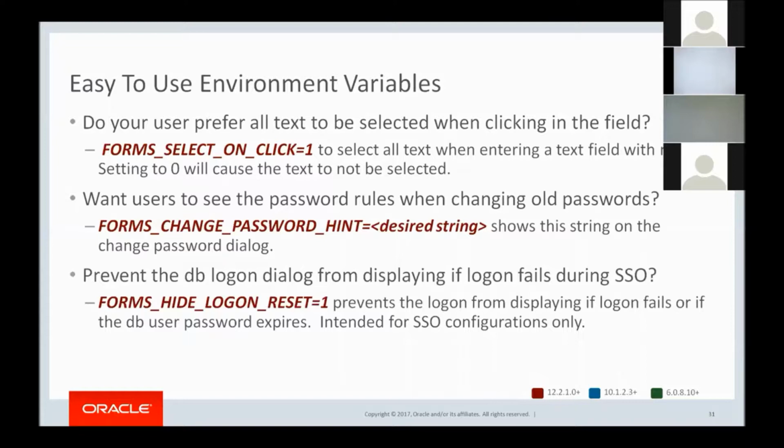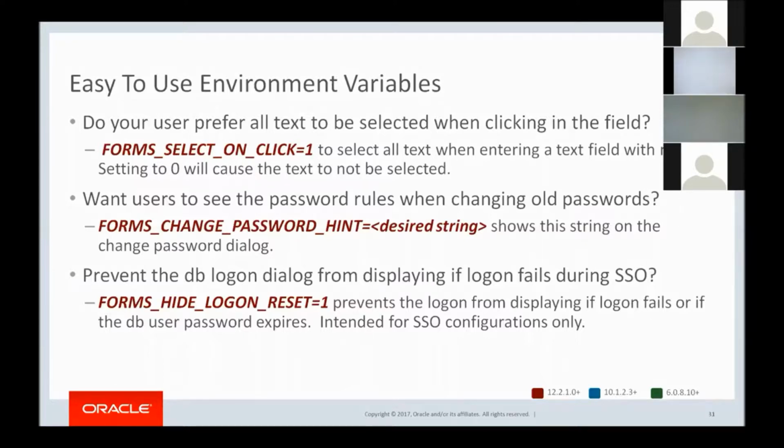This one was raised at the request of at least a few customers that were using single sign-on. What they were saying was that if for some reason their single sign-on protected forms application failed to log in correctly, the database username and password dialog box would be displayed. Well, because the database username and password field is generally expected to be hidden from the user, right? Their access should only be through a single sign-on user account.